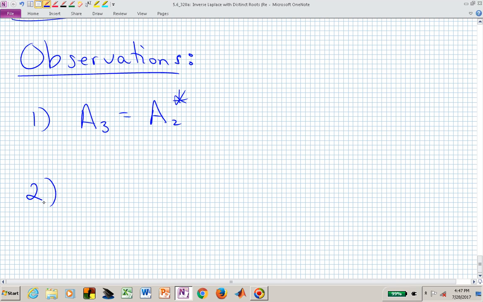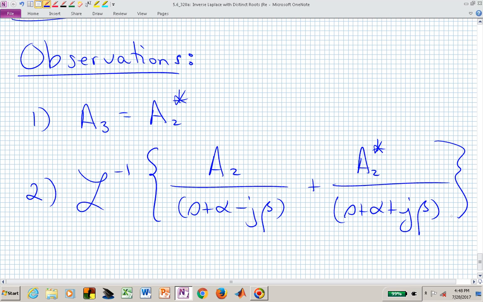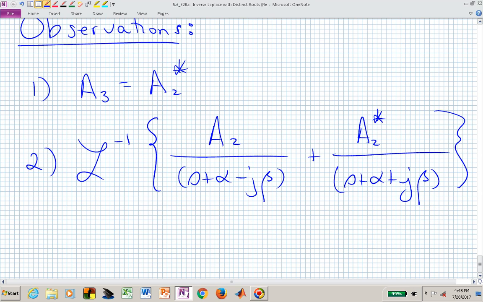If we now look at the inverse Laplace transform of a sub 2 over s plus alpha minus j beta, that's the factor associated with the pole in the second quadrant, plus a sub 2 star over s plus alpha plus j beta, that's the factor associated with the pole in the third quadrant. The inverse Laplace transform of those two taken together is just 2 times the magnitude of the complex number a sub 2.